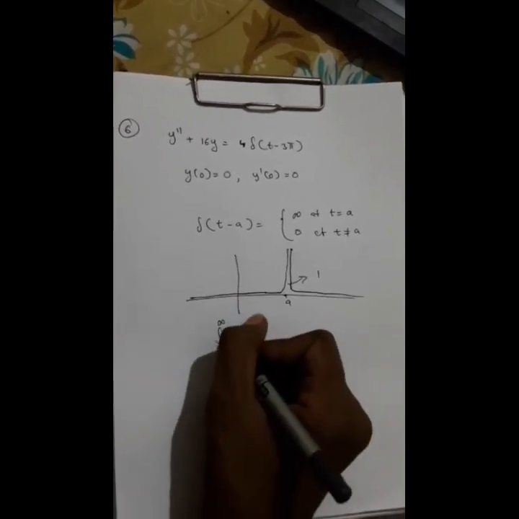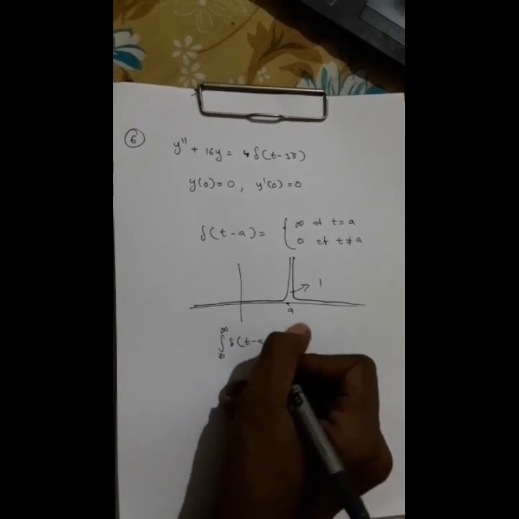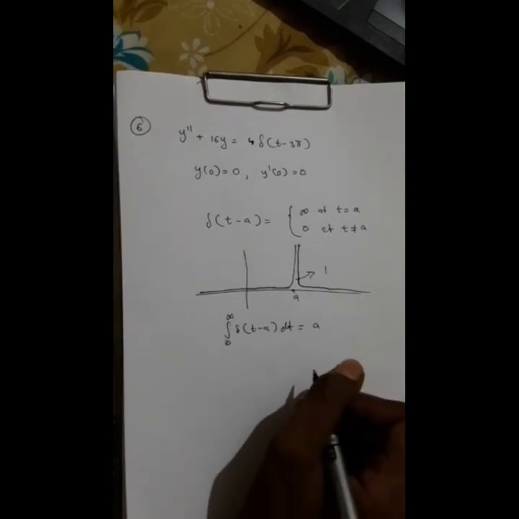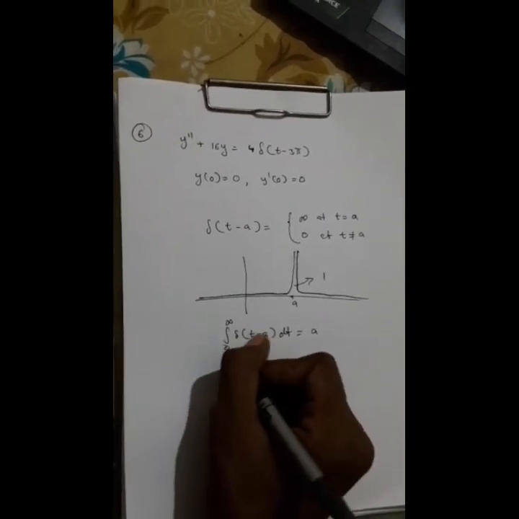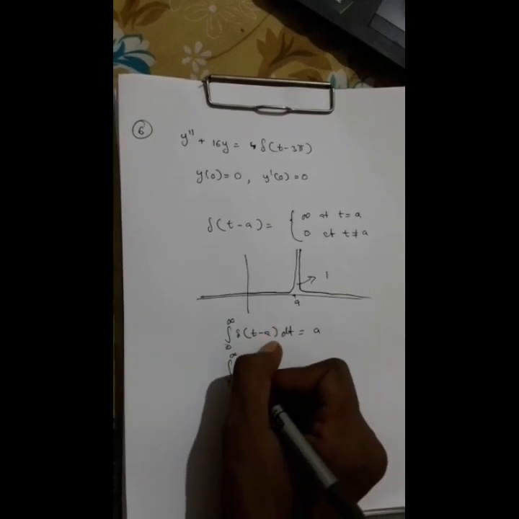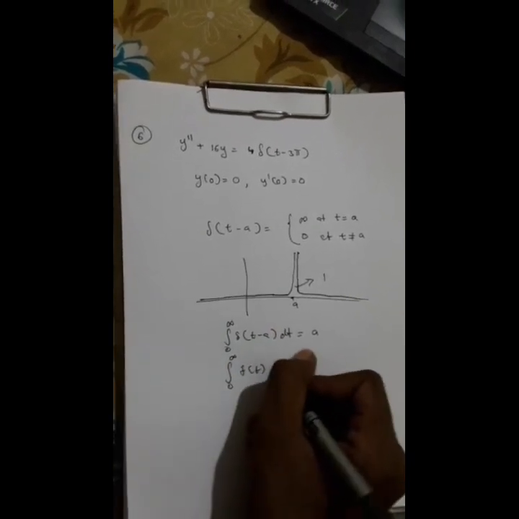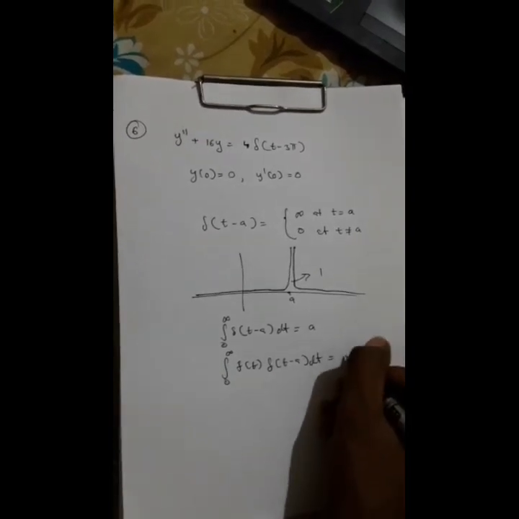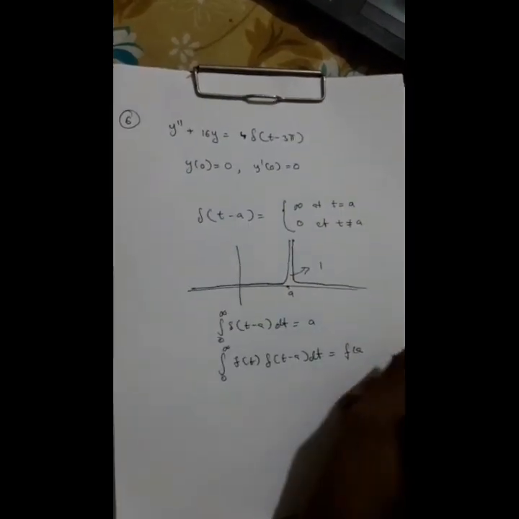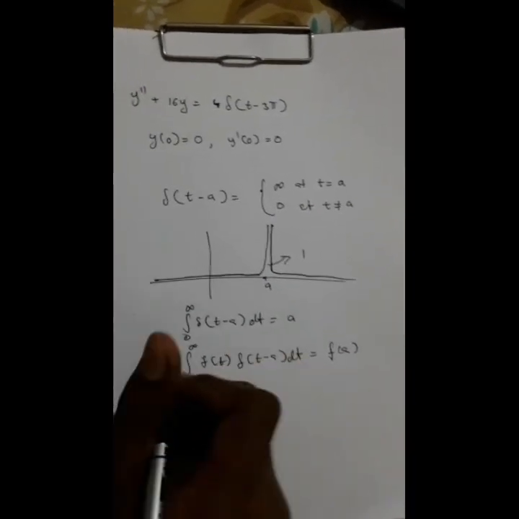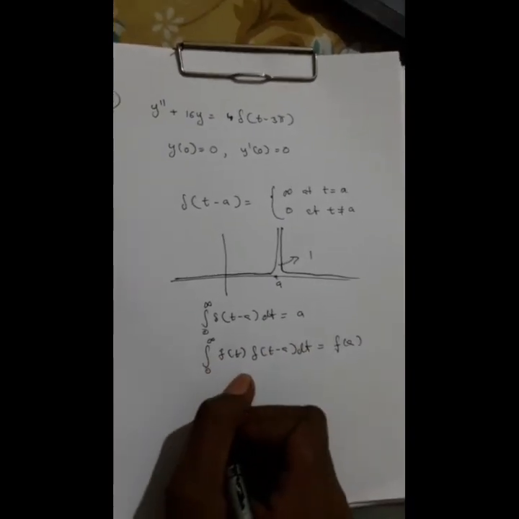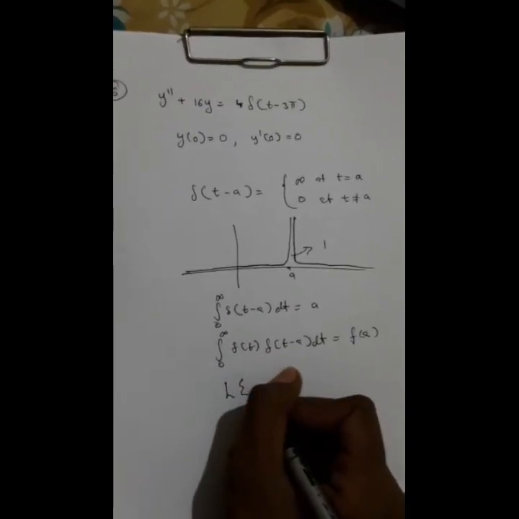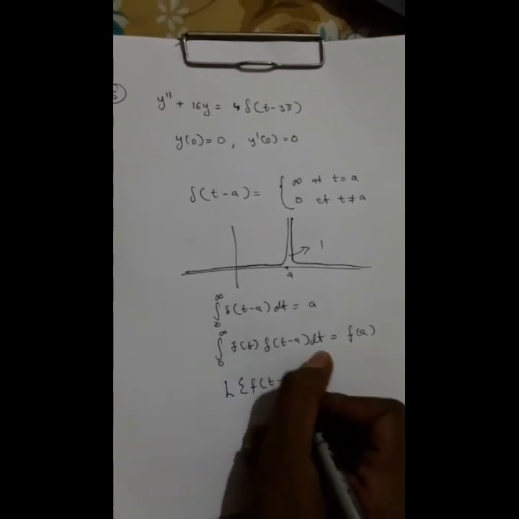Integral from 0 to infinity of delta of t minus a dt will give you 1, and likewise integral from 0 to infinity of f of t delta of t minus a dt will give you f of a. Then this one is an important one: Laplace of delta of t minus a.